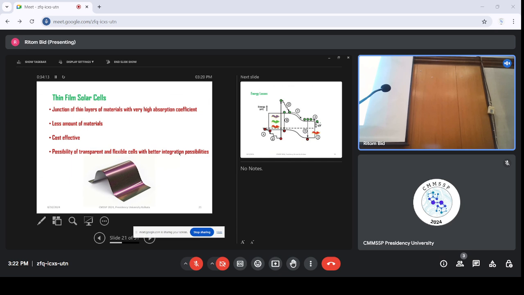Transparent means the band gaps are higher, right? Band gap higher means that in the visible light it passes the light, but it absorbs the higher energies.